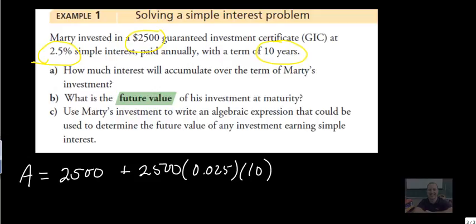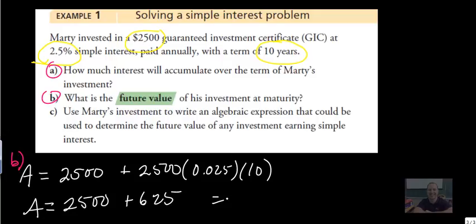Now, I kind of skipped A here. We went to B. This is B right here, the future value. So let's do this. What is the A? Okay, this equals $3,125. That's what the future value is for question B of this investment.